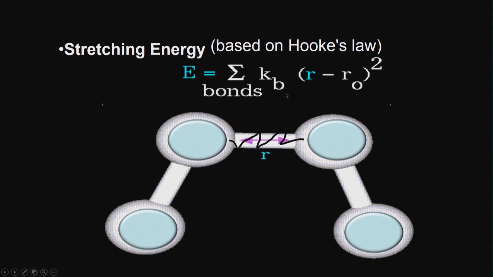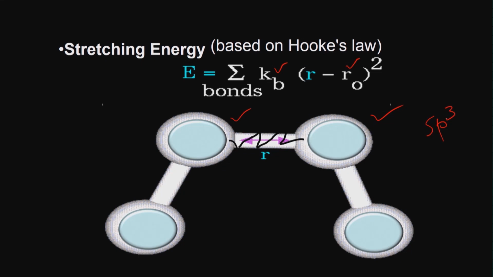So I need to know the Kb and R naught to calculate the energy. Now this R naught can vary depending upon what each of these atoms are. For example, I may have carbon carbon, carbon nitrogen, carbon oxygen, carbon sulfur. So the R naught can change and Kb also can change.